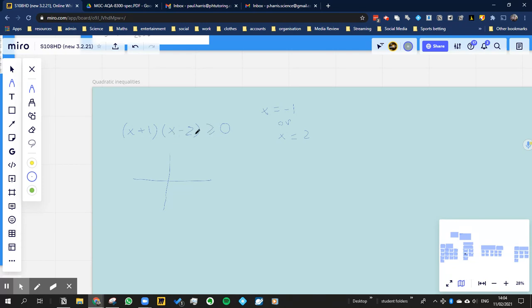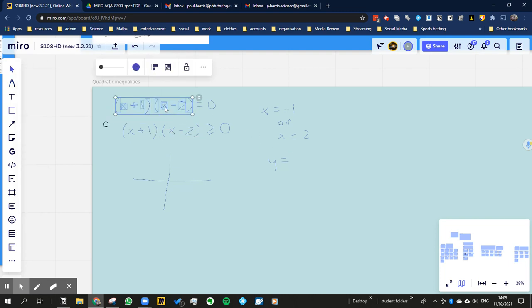So what we learned about quadratics before was that, if it was more like this, then either this would equal 0 or that would equal 0, right? And if that was the case, then x is either equal to minus 1 or x is equal to 2.